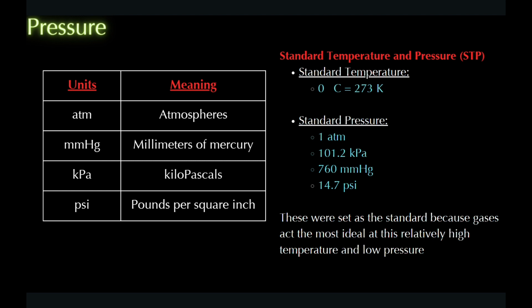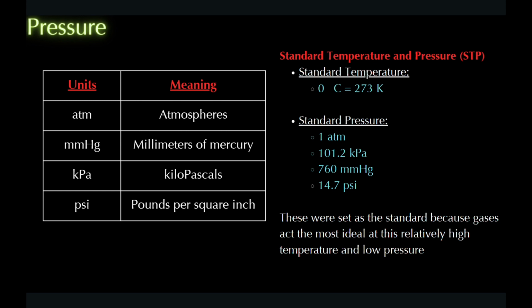Now, why these were set as the standard, especially for gases, is because at these temperatures and pressures, gases are going to act the most ideal. And it is a relatively high temperature and a low pressure. We may not really think that 0 degrees Celsius is a high temperature, but we need to compare this to the rest of the universe. Space, being mainly empty, is very, very cold.